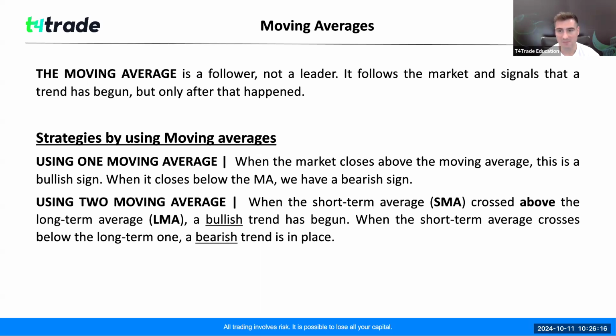So SMA above LMA generates this buy signal. But whenever you see the SMA, the short-term moving average, crossing below the longer term moving average, that is considered to be a bearish signal, and therefore you get the flag that you should go short.